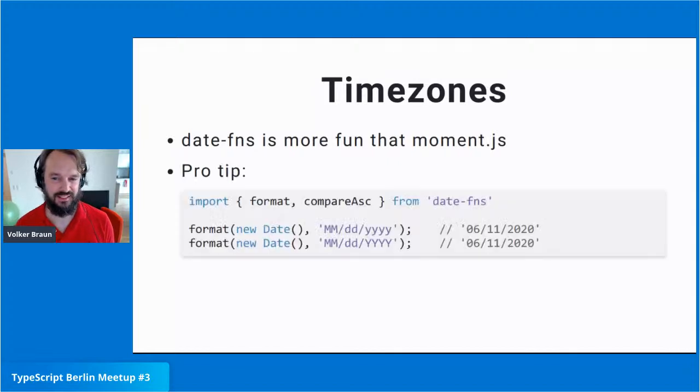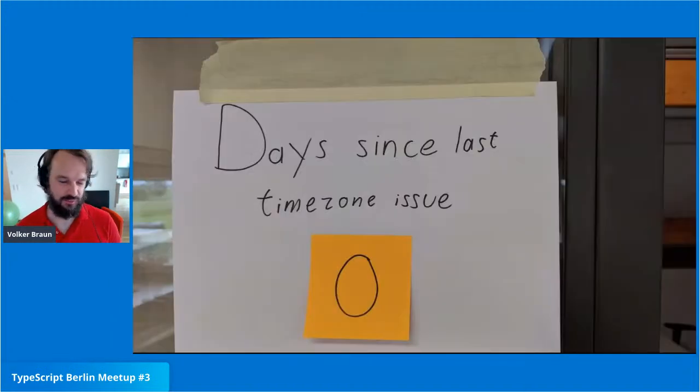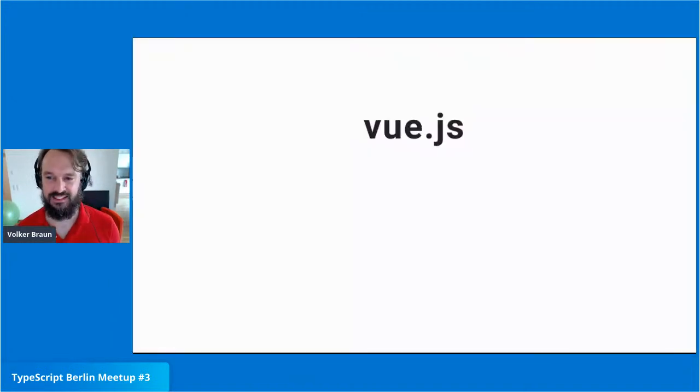I used date-fns, which is generally nice, except, if you ever use it, watch out: the lowercase y and uppercase Y are two different things. And they're almost the same thing, except at the very beginning of the year. And well, shit happens, but we fixed that.